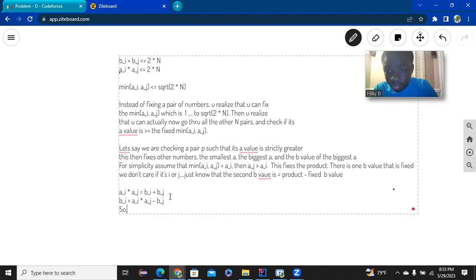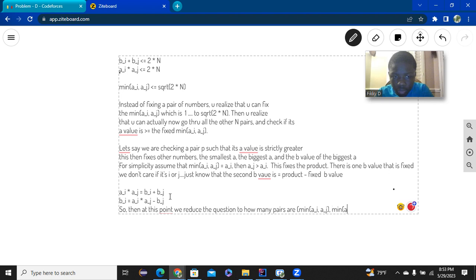So at this point, we reduce the question to how many pairs have basically the min of a sub i, a sub j.